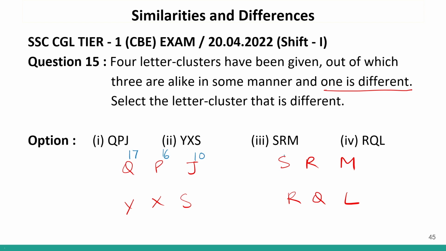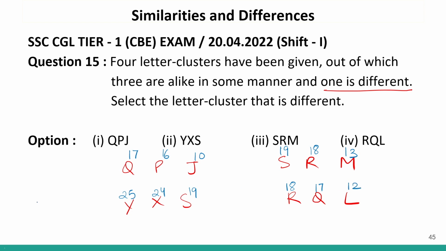S is ranked at 19, R is ranked at 18, M is ranked at 13. Similarly, Y is ranked at 25, X is ranked at 24, S is ranked at 19, R is ranked at 18, Q is ranked at 17, and L is ranked at 12.